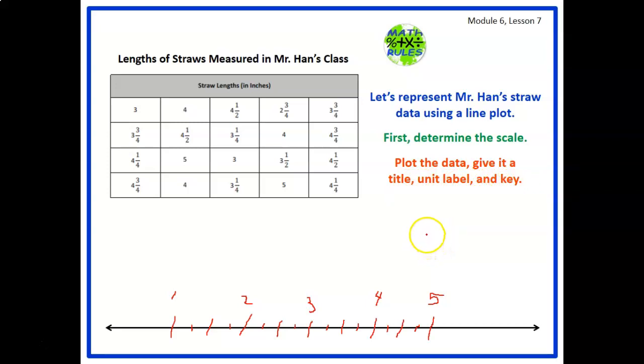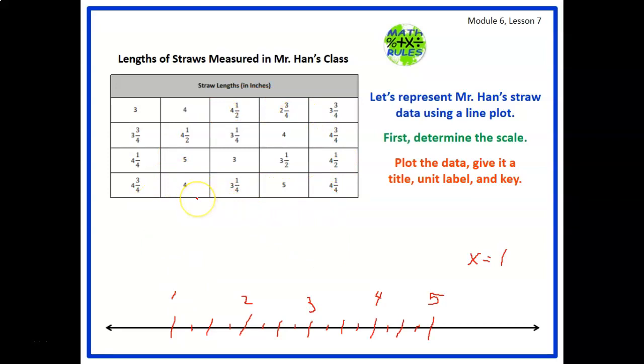Okay, so my key is going to be kind of my unit label. I'm going to say each X equals 1. Okay, so let's start with 1. Do I have any 1s? I don't.